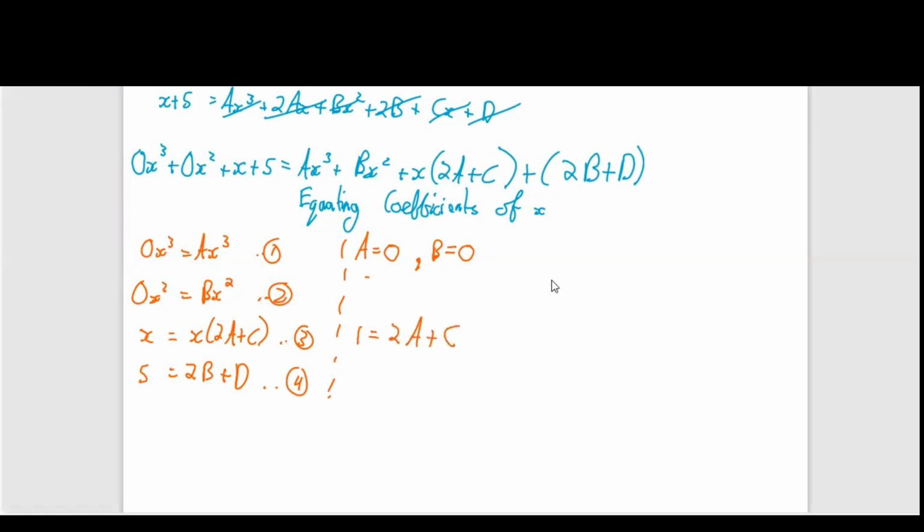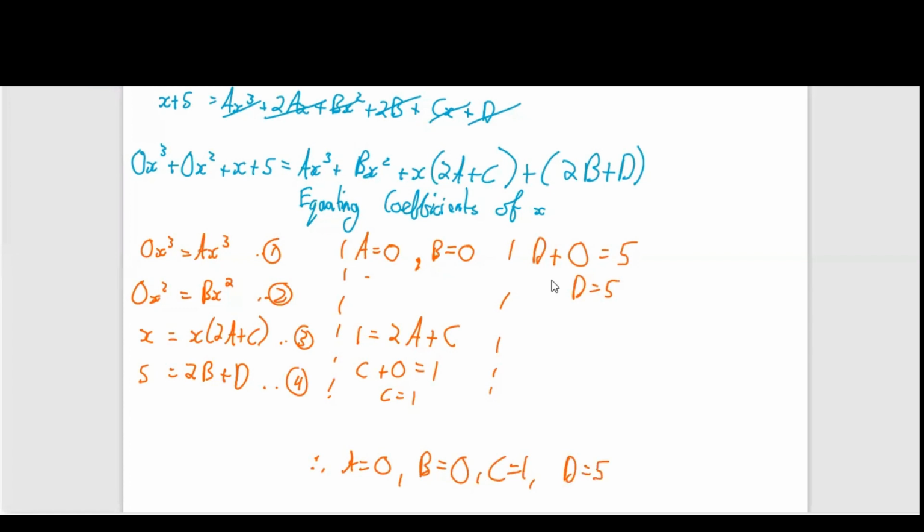Since a is 0, plugging it in gives c plus 2 times 0, which is 0, equal to 1. So c will equal 1. To solve for d, since b is 0, we have 2 times 0, which is 0, plus d equal to 5, so d is 5. Therefore a is 0, b is 0, c is 1, and d is 5.